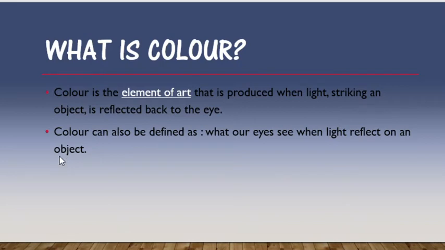That explains to us that without light, there are no colors. So I think this is a very simple definition that we can all use to explain what a color is.